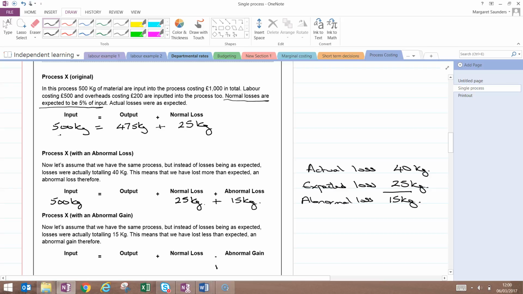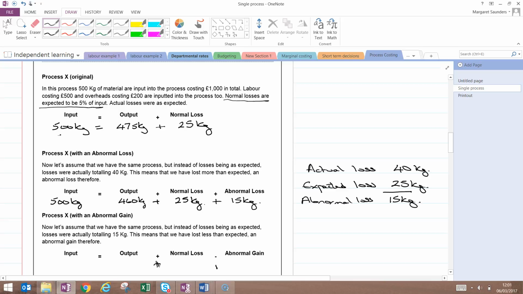It all needs to add up, so that means we can now work out what our output is. It has to be 460. So that 460 kilos plus 25 plus 15 equals 500.